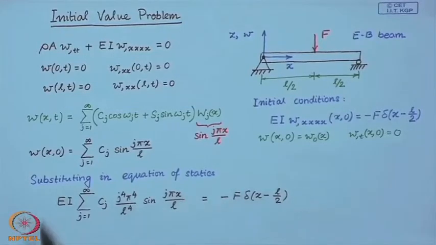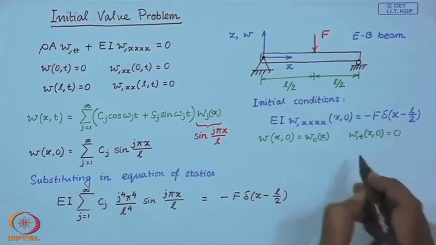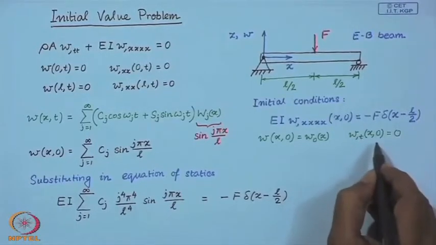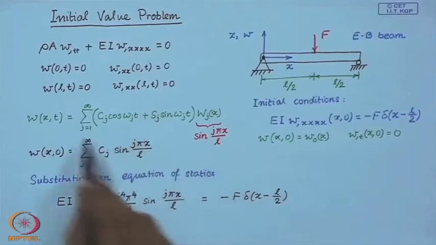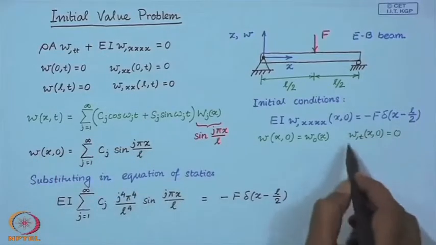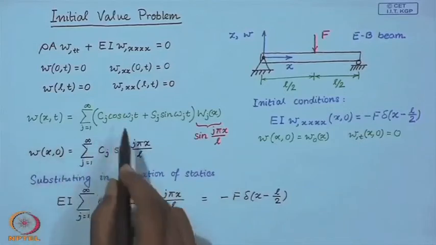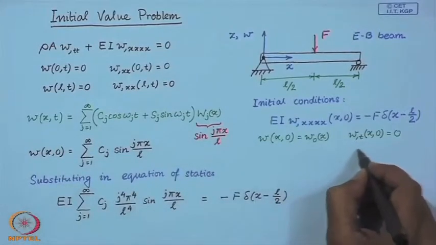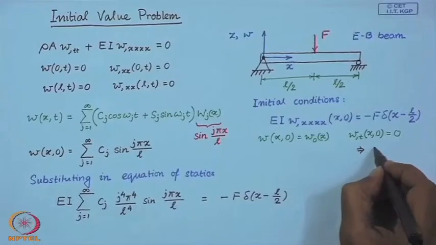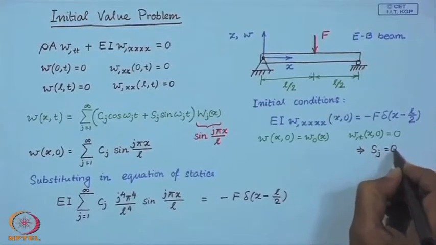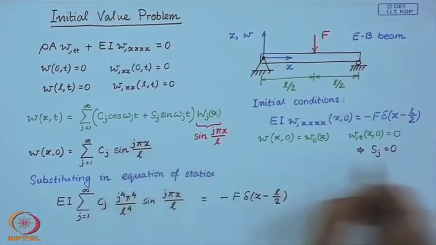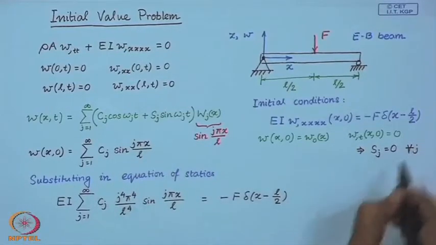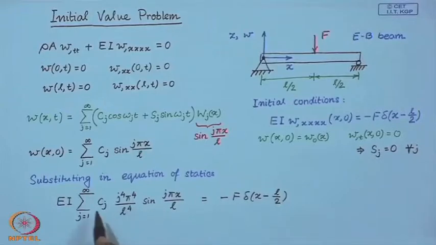From this equation we are going to solve for these C j's, and the velocity condition will immediately tell you: if you consider that this is the velocity condition which is 0, substituting in the velocity condition tells us that all these S j are 0. So, we only have these C j's non-zero.